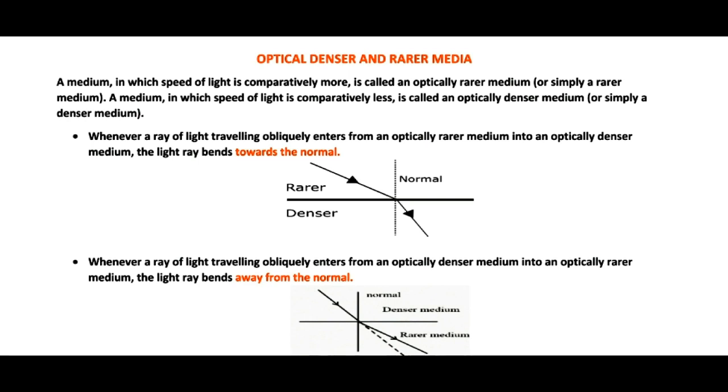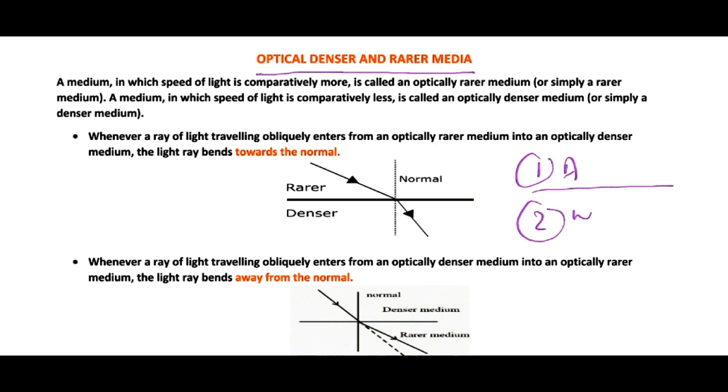Now let us discuss what are optically denser and optically rarer media. Media is the plural word of medium. Now suppose you have two different medium 1 and medium 2. Suppose it is air and water.